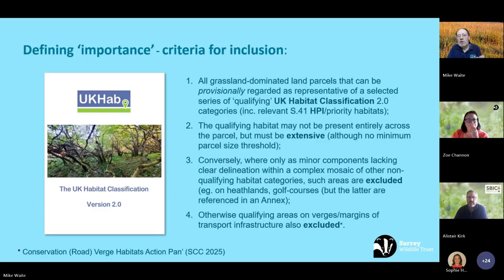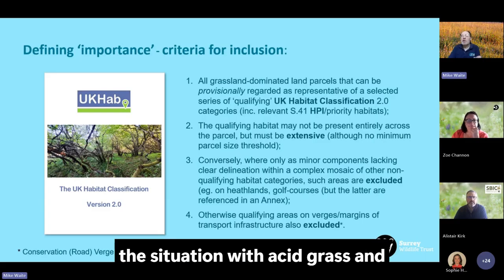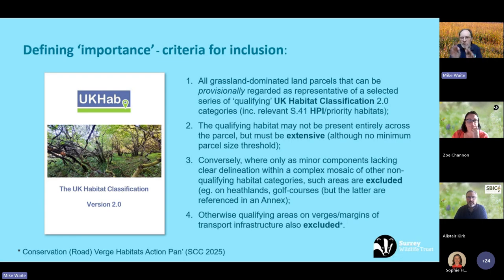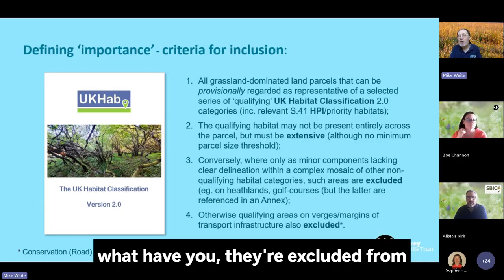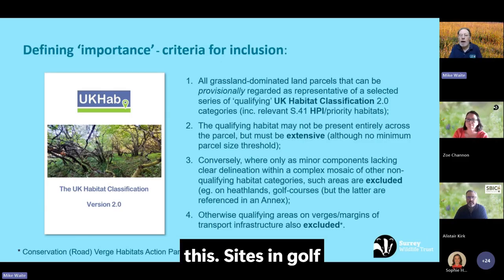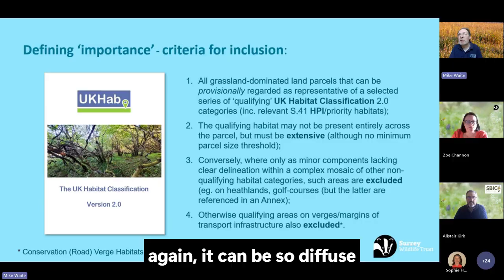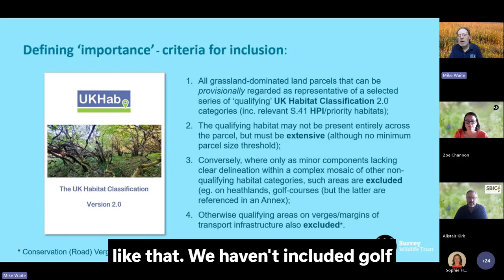But conversely, where it's minor, as with acid grassland classically on heathlands, intimately intertwined with heathland and scrub and what have you, they're excluded from this. Sites in golf courses are excluded because again it can be so diffuse across the fairways and roughs and things like that.